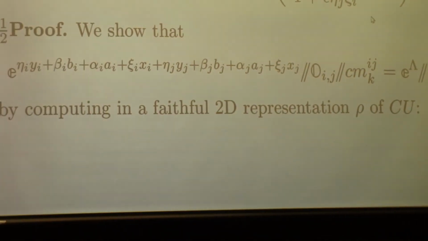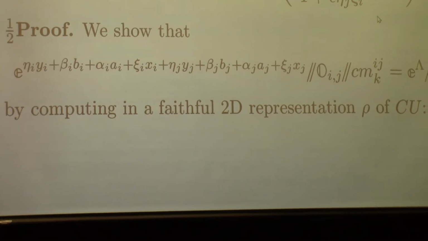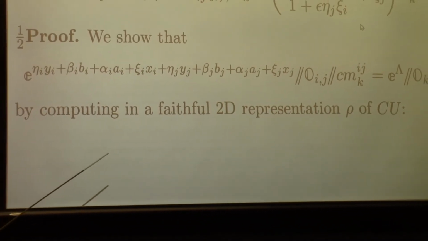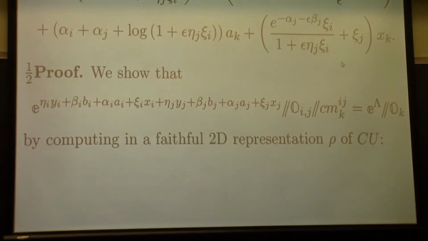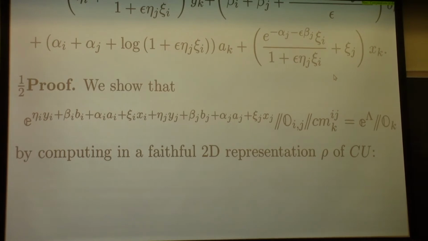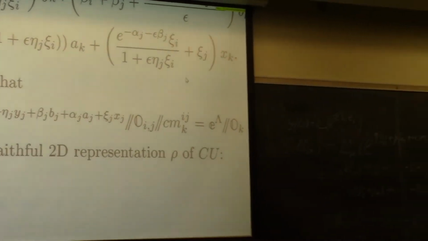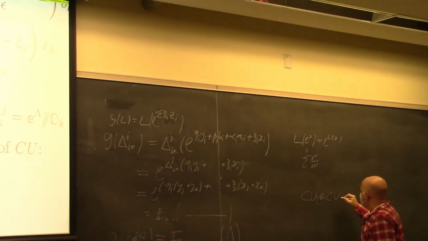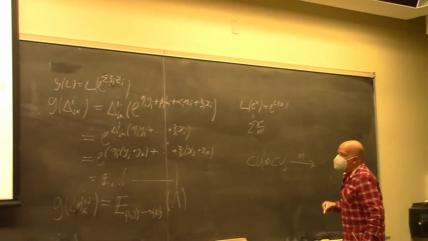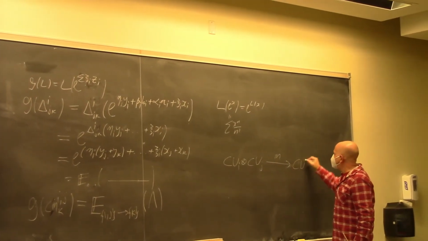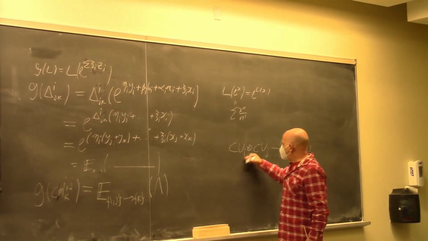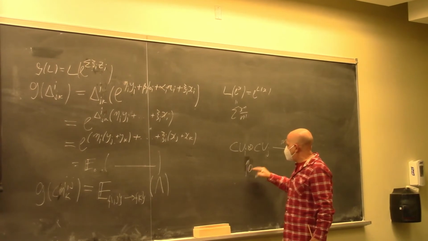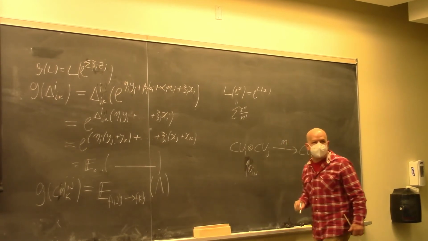So what we need to show is the following. Really, what is this generating function? We have CUI tensor CUJ, and there is a multiplication map into CUK, but this is isomorphic via the ordering map. There is an ordering map where you order the tensor factors I and j.